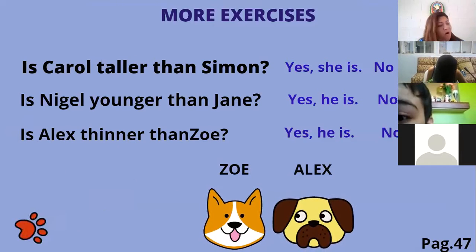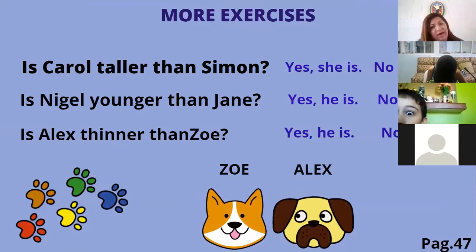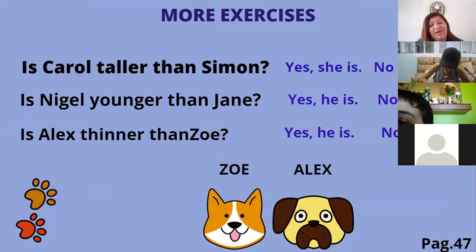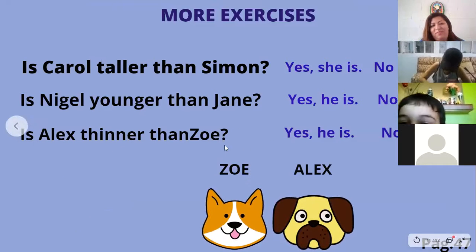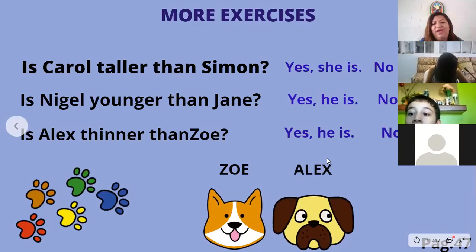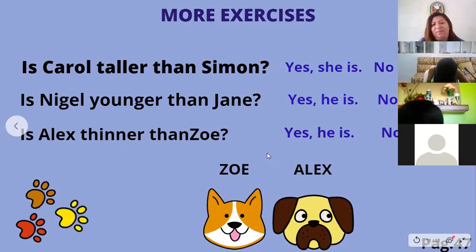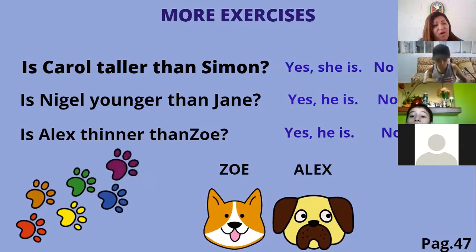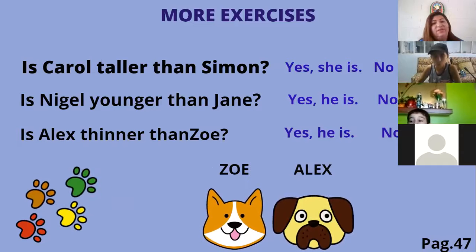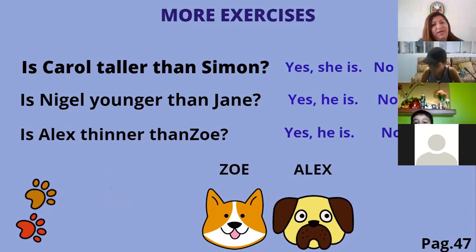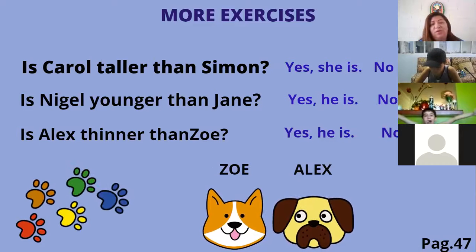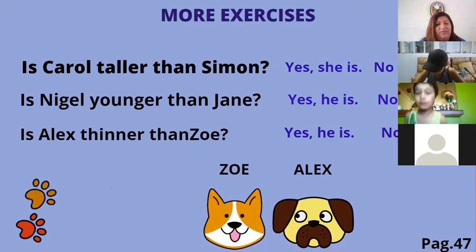Our characters are Carol, Simon, Nigel, Jane, Zoe, and Alex. Here in the presentation, we invited Zoe and Alex so they can help us to solve the exercises. So remember, our characters are Carol, Simon, Nigel, Jane, Zoe, and Alex. We can see the differences between them. So look at the pictures and let's try to answer our exercise.